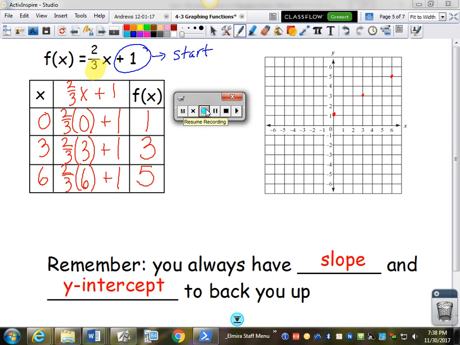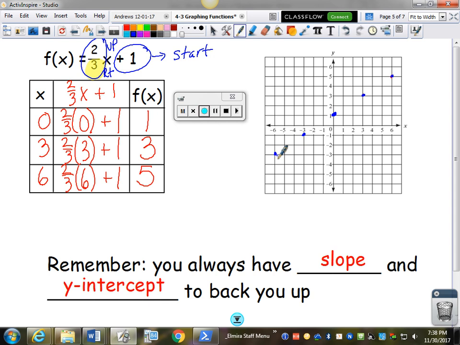So 1 would be my start, and you'll notice I get the same dot. The slope is positive, which means I go up 2 and 3 to the right. So if I start at that dot, I go up 2, 1, 2, 3 to the right, up 2, 1, 2, 3 to the right. I get the exact same dots as I would using an input-output table. So that's your backup method.